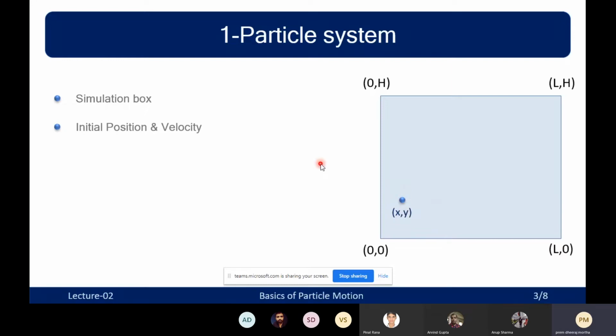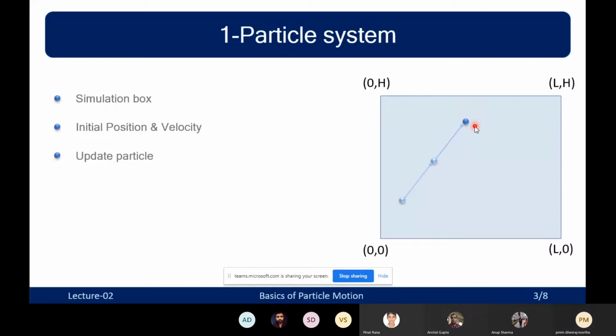I'll give velocity to this particle, and after a time step dt, the particle would reach a new position because of the imposed velocity. Take note of this new position, and if we let it move for another time step, after another dt time lapse, it would reach from here to here because of the imposed velocity.